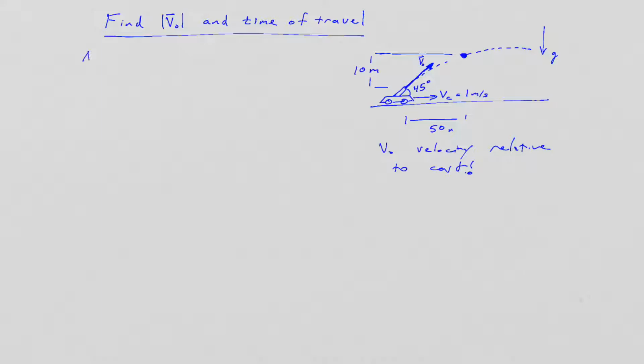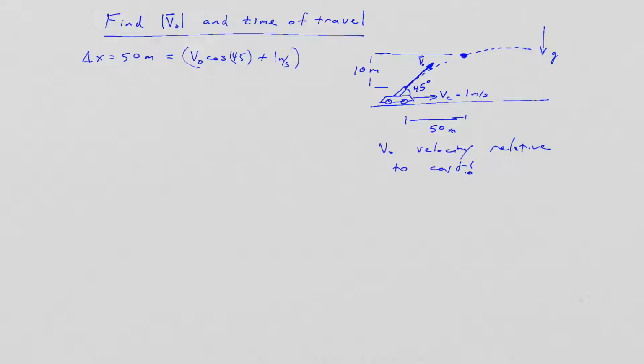The total displacement in the x direction is equal to 50 meters, as is given. And so that has to be whatever the velocity is of the ball relative to the ground. After all, this 50 meters was measured relative to the ground, so the distance traveled by the ball is going to be the velocity of the ball in the x direction relative to the cart, which is V0 cosine of 45, plus whatever the velocity is of the cart relative to the ground, which is 1 meter per second.